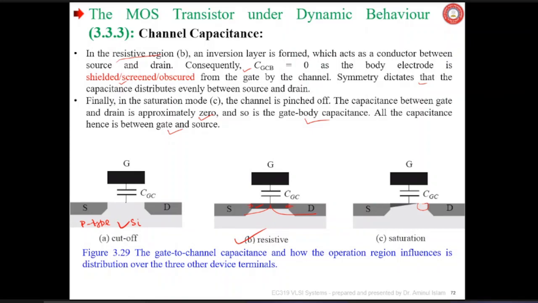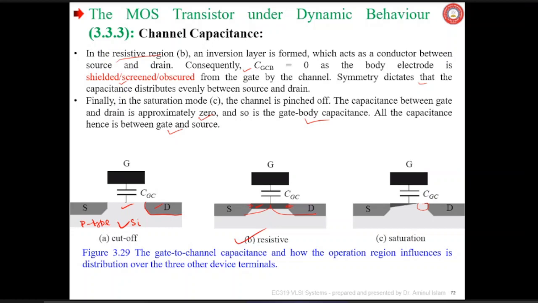Sir, if drain is positive and gate is 0, then it is reverse biased. Yes, here is the answer. You have the reverse bias junction here. This junction is reverse biased, and hence there is no conductivity occurring from this part to this part. Good.